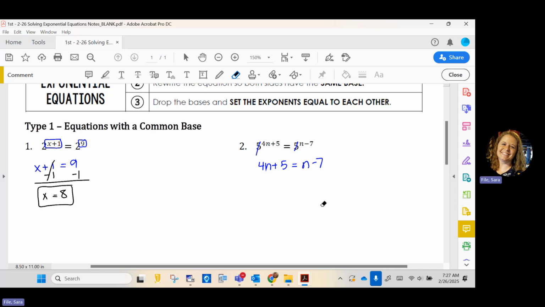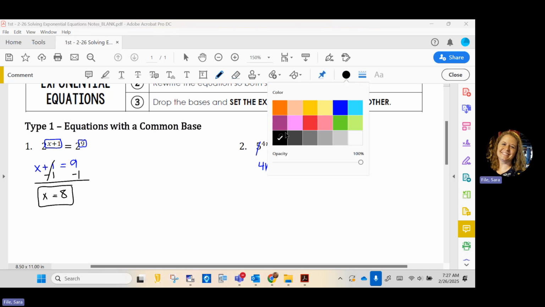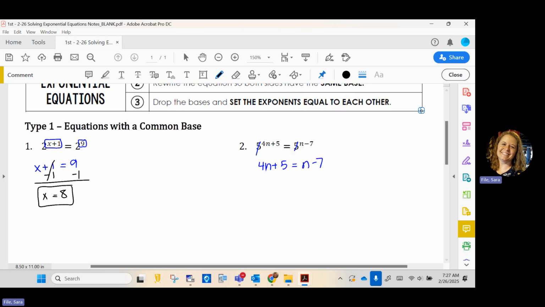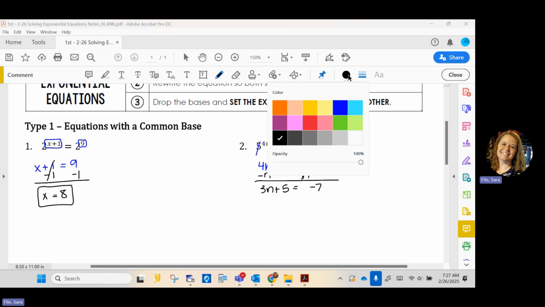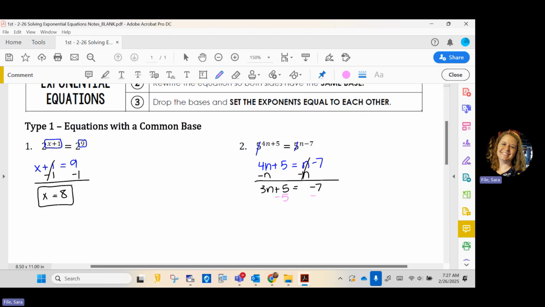Here we go. So this is a little more complex. Can't quite do this one in your head maybe. We've got to move variables, n, to the same side. So I'm going to subtract the n from the right side over to the left. So I've got 3n plus 5 equals -7. And then I'm going to move my constant to the other side.